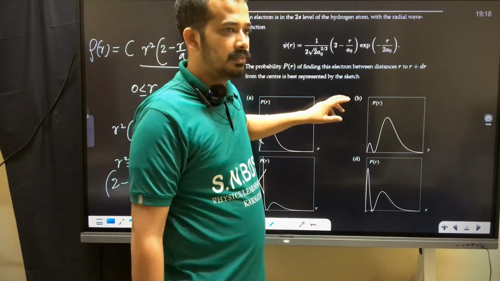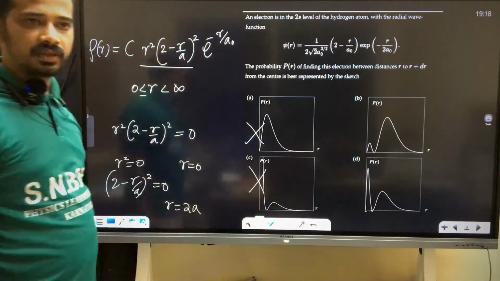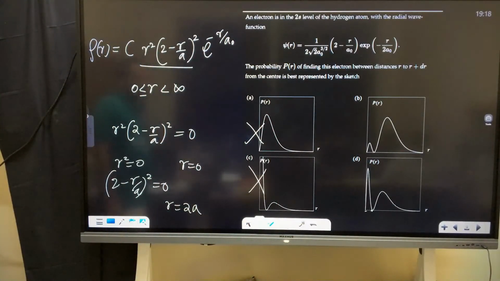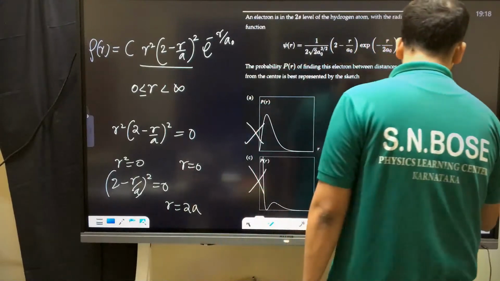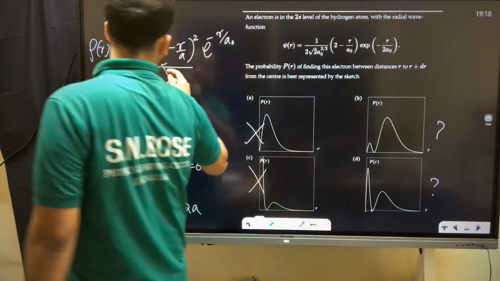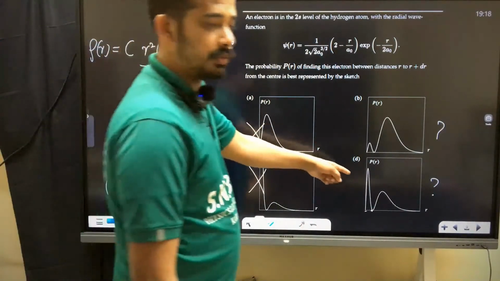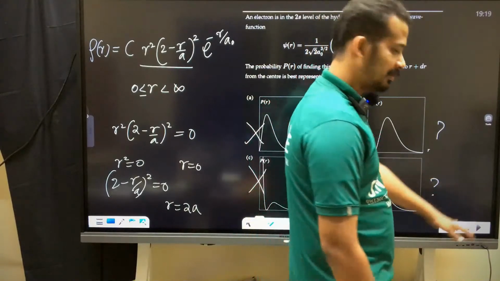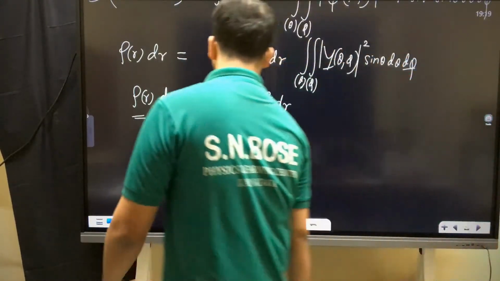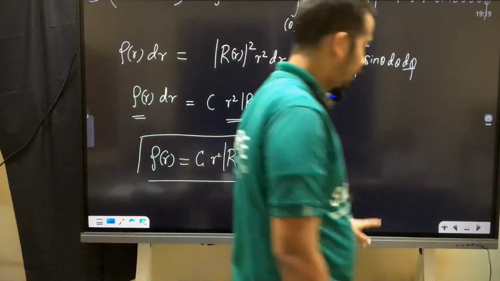Think over it. How to proceed here, or you can use GeoGebra to plot this one and try to compare. But that is not allowed in the exam. But this is the basic idea, and you should remember this one.